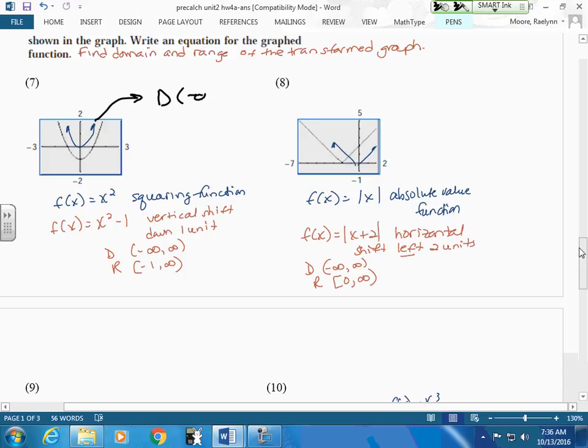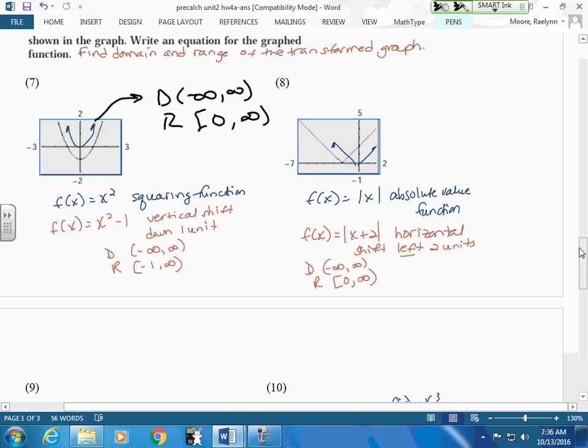All real numbers. And range is what? 0 to infinity. We can't have a negative because anything squared is always going to give you a positive. And always check your 0. You can have a 0 for this.